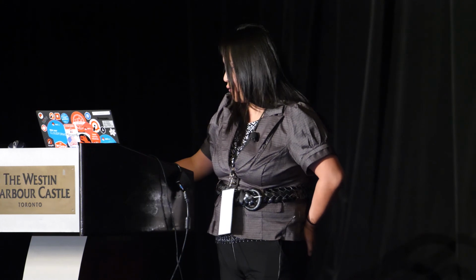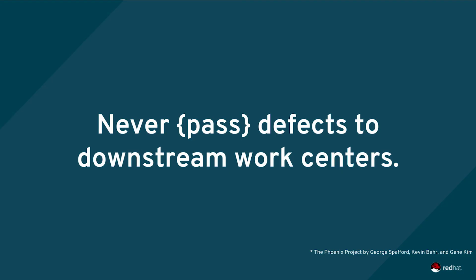We also do signing, as I said, and secure distribution of our packages. Of course, we provide enterprise support, and we have the backing of Red Hat Product Security to provide patches for our products. So you never want to pass defects downstream to work centers.